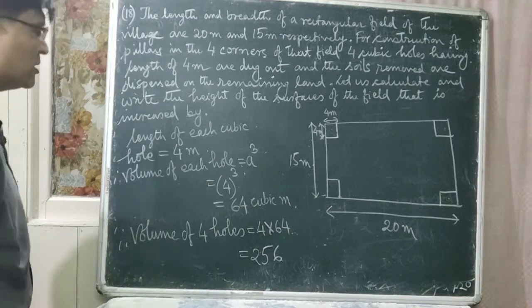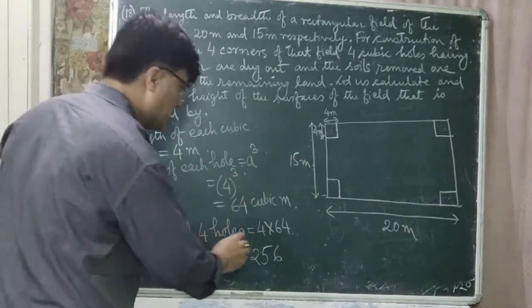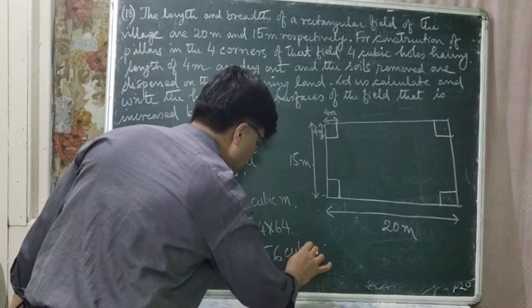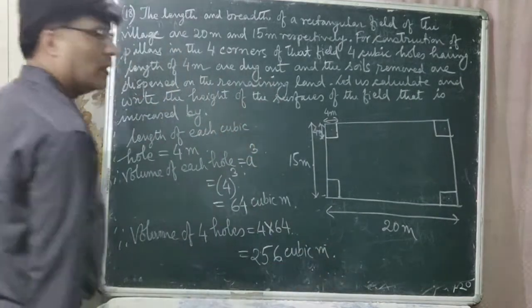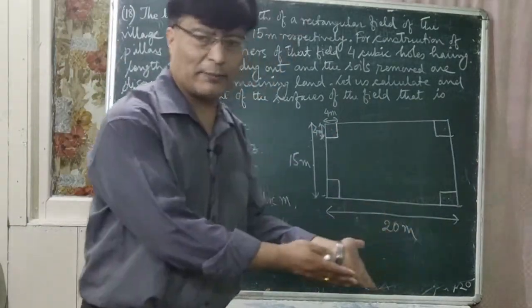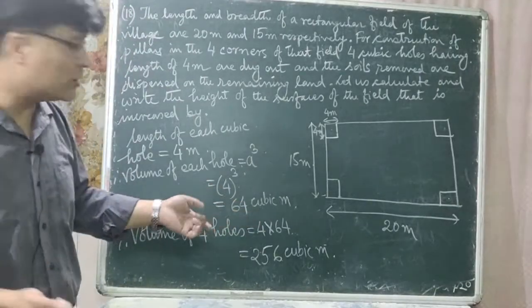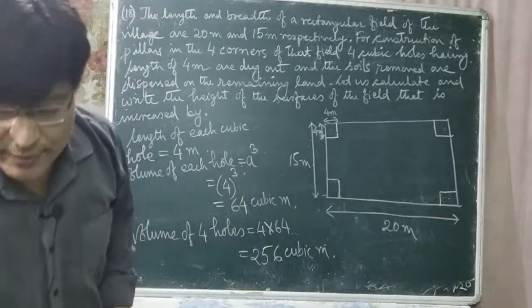This is your 256 cubic meter. त्यही यो चारटा होलै खनेर त्यहाँबाट माटो निकालिँदैछ नि हैन, त्यो माटोको भोल्युम पनि यति नै हुन्छ, 256 cubic meter.